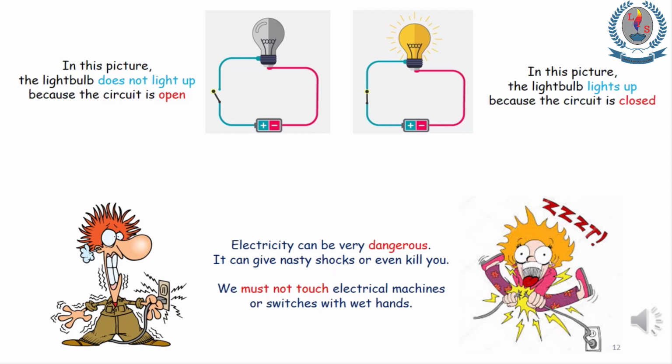The light bulb is lit. And can you see a gap? No, the circuit is closed. So the electricity flows and that is why the light bulb lights up. There are some diagrams of circuits in the workbook page 72. Try to do them.